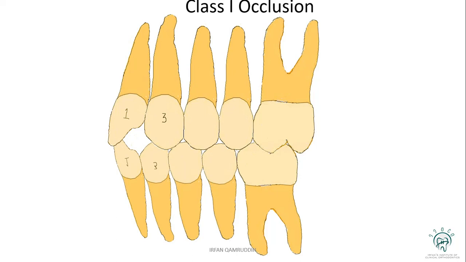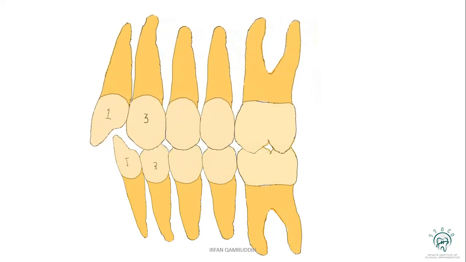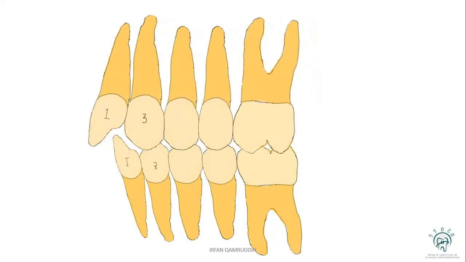And when canines are in class 1, there will be normal overjet and normal overbite if all the teeth are aligned, there is normal angulation of incisors, and there is no Bolton discrepancy. But when, due to mandibular deficiency or maxillary prognathism or just a dental problem, the upper molar is ahead by 3 millimeters, we call it half cusp or half step class 2.